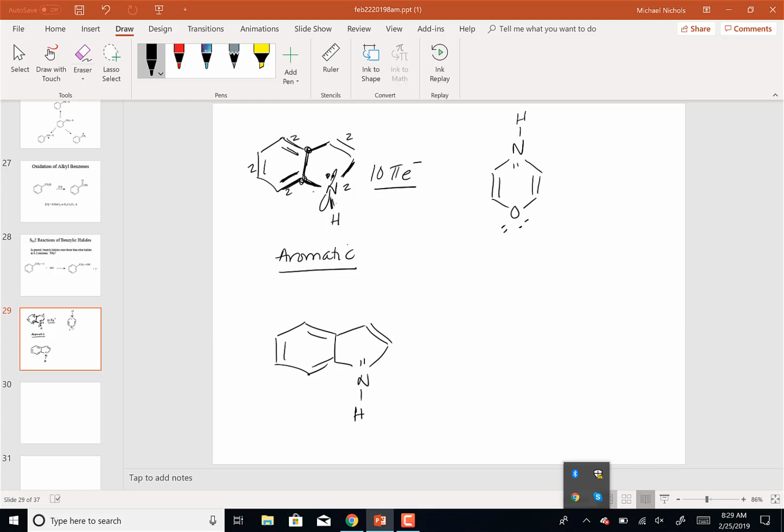Let's look at this other one here, because I like to ask this question as a thought-provoking question. Is the molecule on the right aromatic? Or how would it be aromatic? Or could it become aromatic? This system already has 4 pi electrons built into it, right?